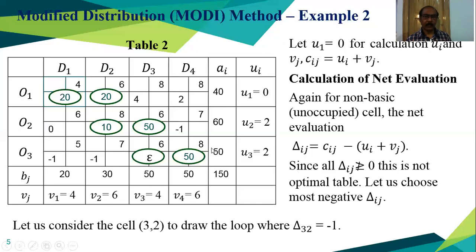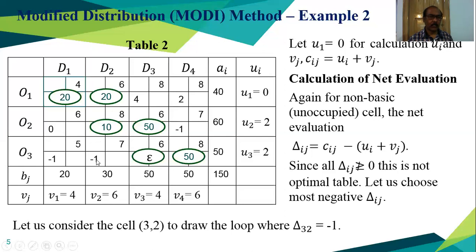So in this table, we found that not all delta ij are greater than or equal to 0. One is 0, a few were positive and a few were negative. From the negative, we have to find out the most negative. This is negative, this is negative, this is negative. So in this case, we are considering this negative cell for forming the loop.